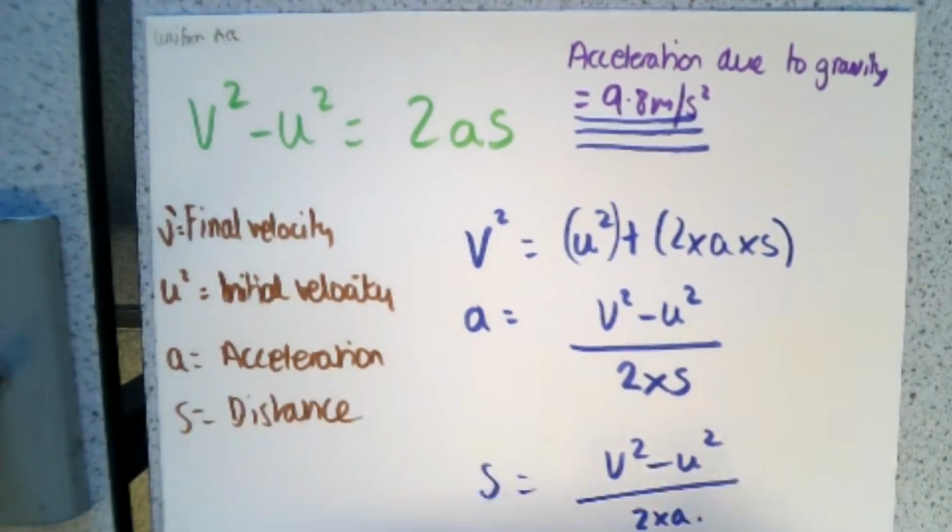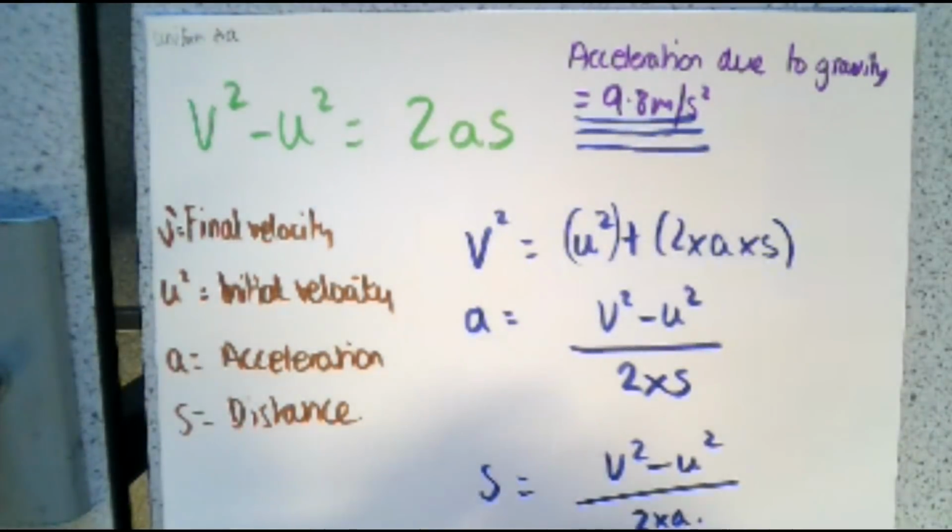If a question doesn't tell you the acceleration, so it might be an object falling out of the sky and speeding up, you might be asked to calculate the final speed of a skydiver falling out of a plane in the first 500 meters of their jump, or how far a skydiver travels when they jump out of a plane and reach a speed of 100 meters per second, for example.